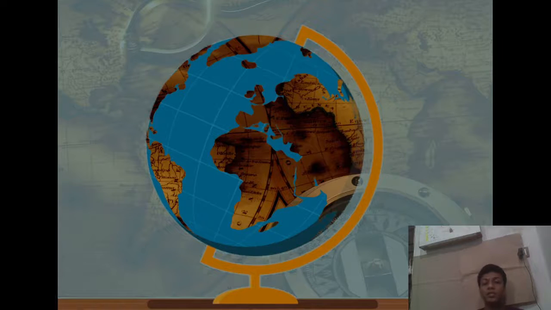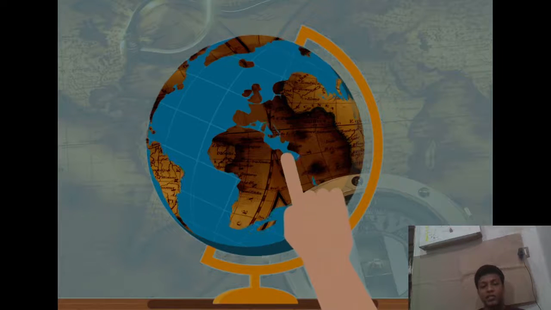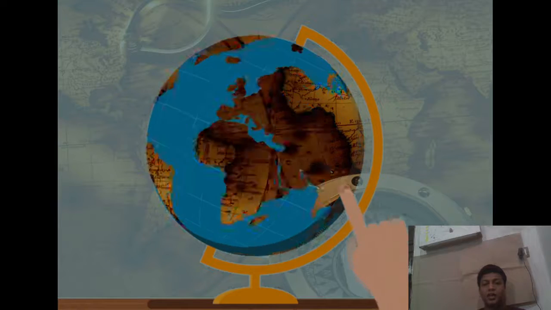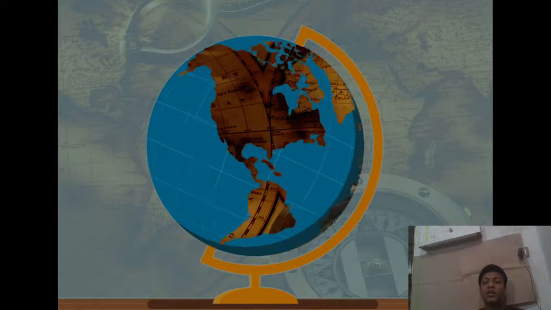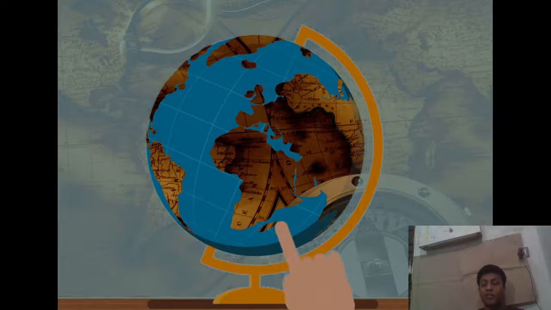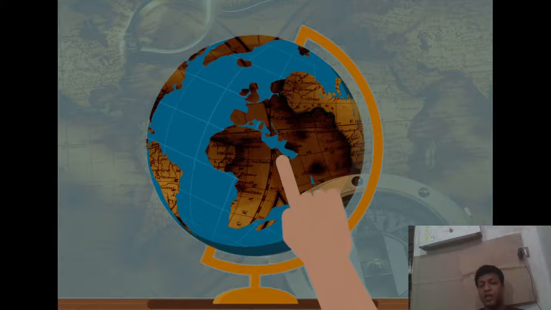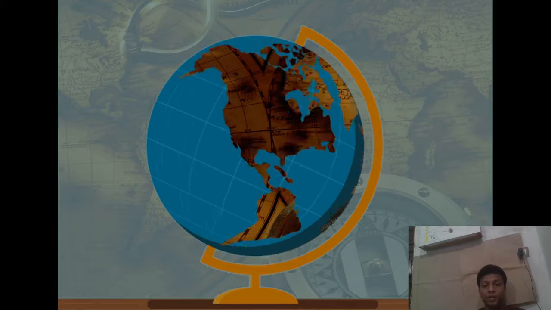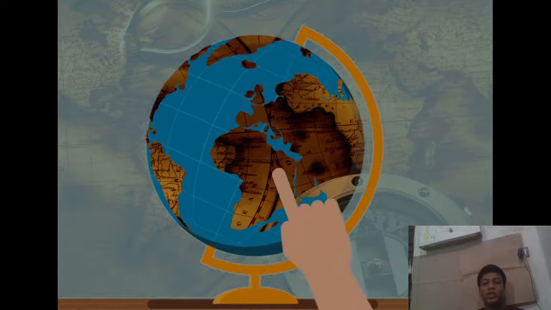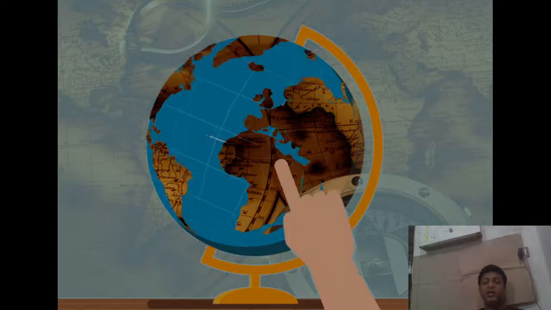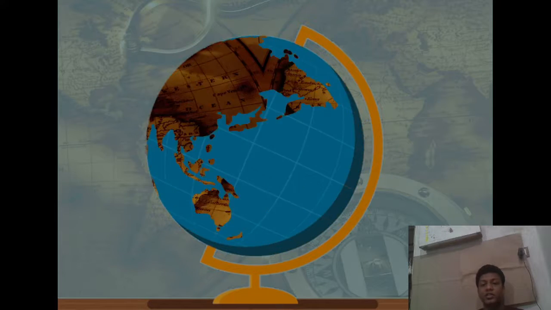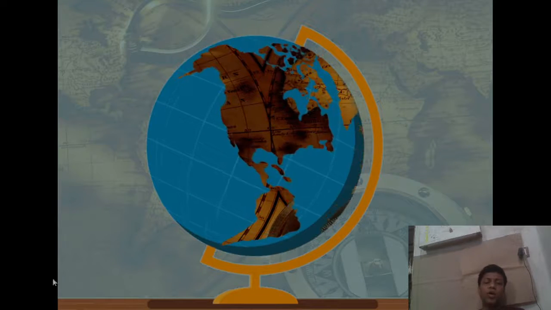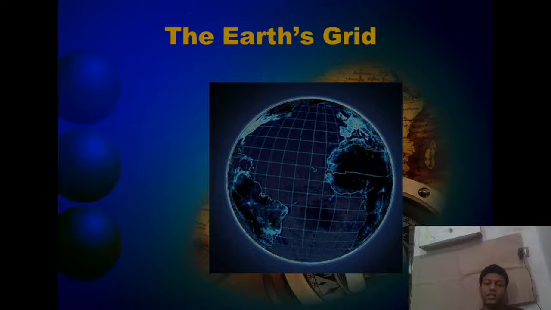In the middle you can see the equator. It is the biggest circle of the Earth. The lines joining North Pole to South Pole are also circular lines. We are going to discuss all these things in this chapter.